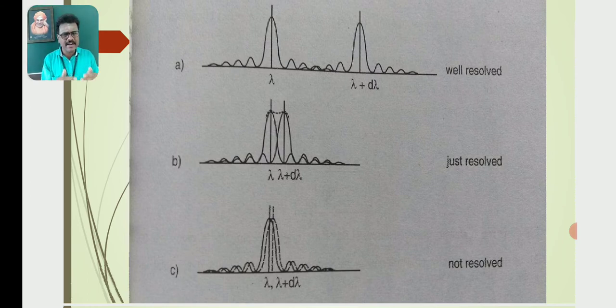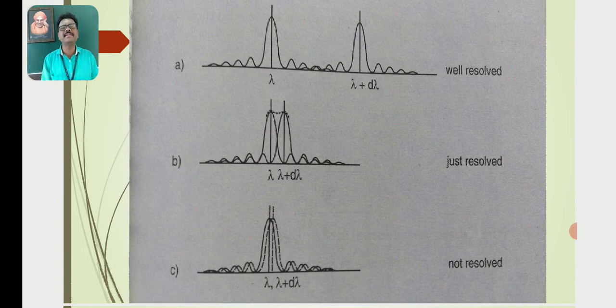So then the third diagram indicates that the central maximum of the diffraction pattern of one overlaps with the central maximum of the diffraction pattern of the other. So then there is no resolution.